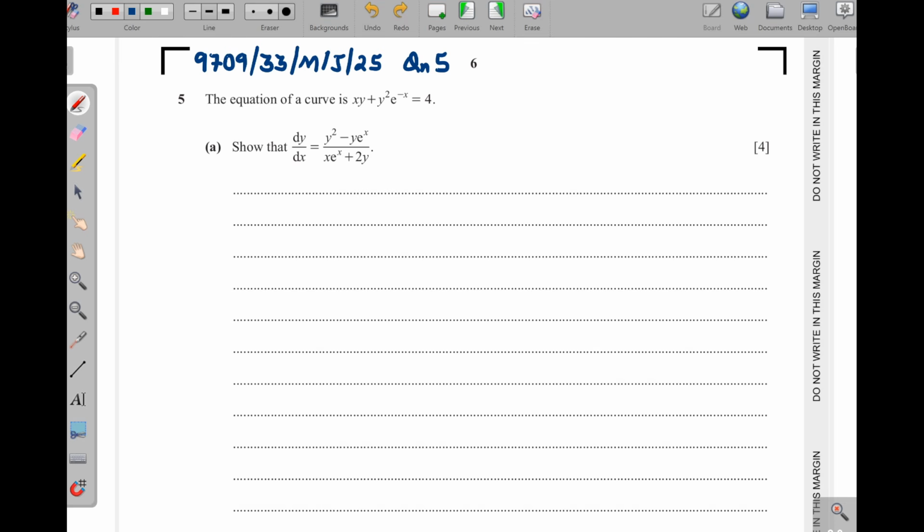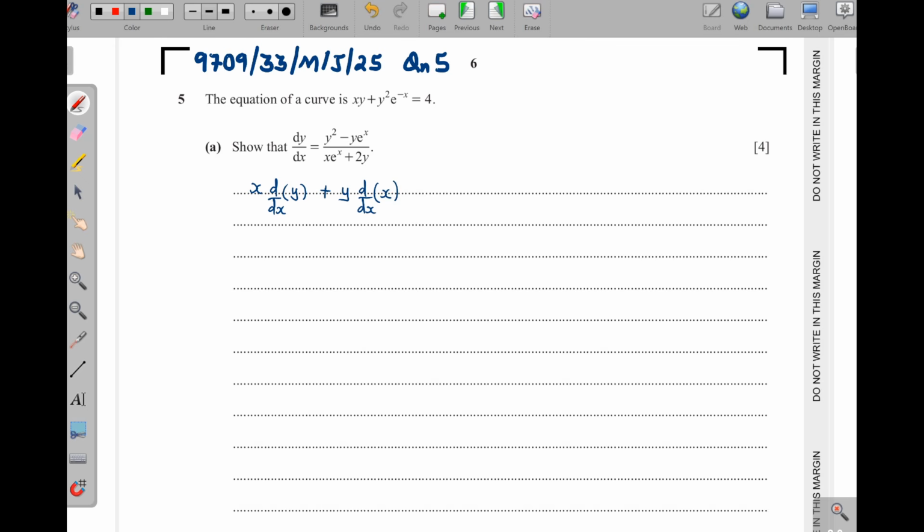So for an implicit function, first of all here, we are supposed to differentiate. It's a product, so we are going to use the product rule. You keep x constant, then you differentiate this y with respect to x. Then now we add, then keep y constant, then differentiate what?